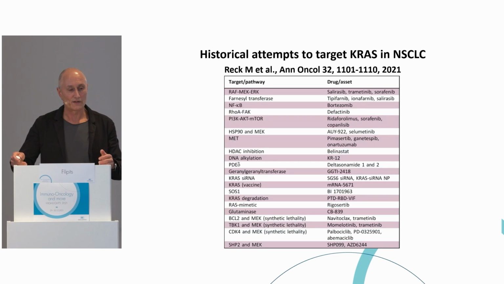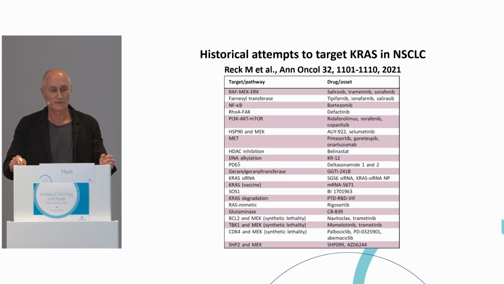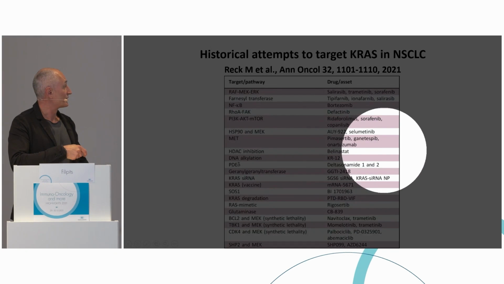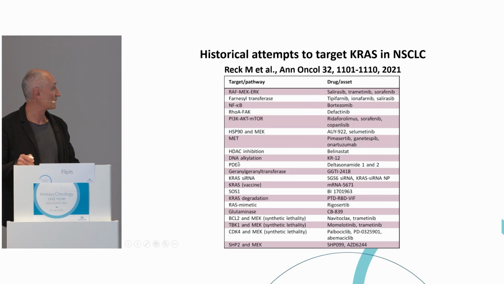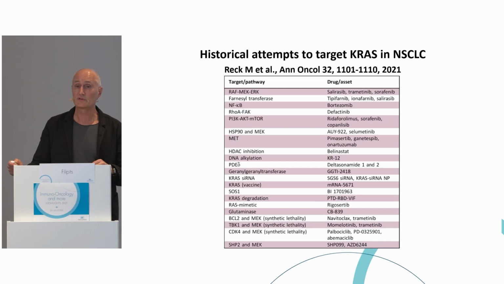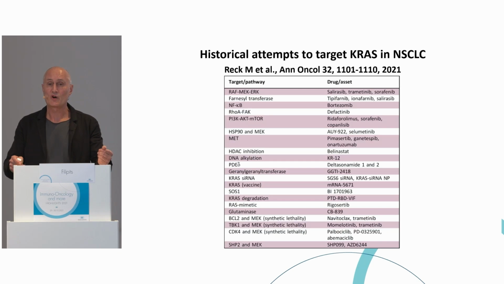So this is just a list of historical attempts to target KRAS in non-small cell lung cancer. All of these trials failed. I want just to point out one specific inhibitor, selumetinib, which is a MEK inhibitor, which had extremely promising phase 2 results.